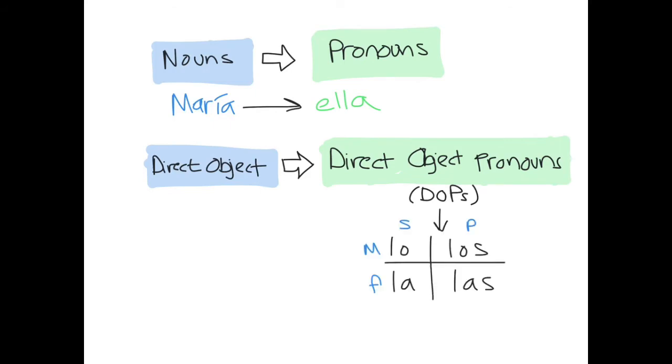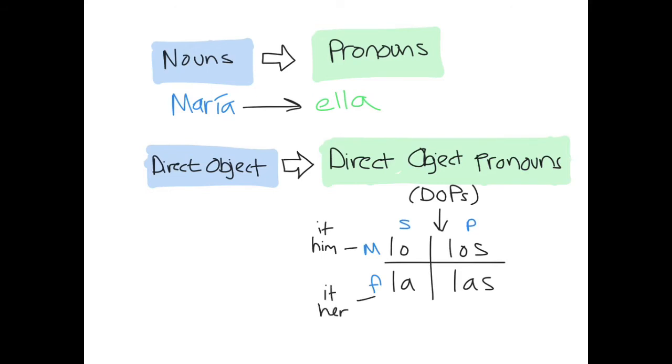Here's the four we're going to focus on today. More do exist, but we're going to work with these. We've got singular, plural, masculine, and feminine categories in this little chart here. Now, if we're going to be replacing words, because they're pronouns, of course, we need to know what these words actually mean and what they translate to. So if we start here with lo, it translates as either it or him, and it's masculine and singular.